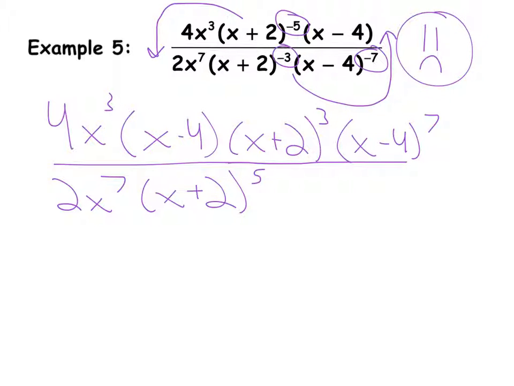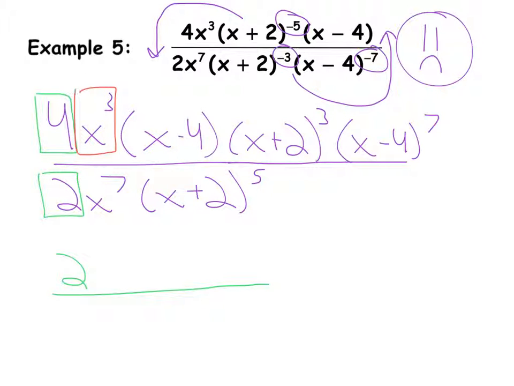Okay, so I do certainly believe we are ready to simplify. All right, so what do we got here for starters? 4 divided by 2. That's a nice easy one here. That's going to be just 2. Okay. All right, moving right along. We got an x cubed divided by x to the 7th.